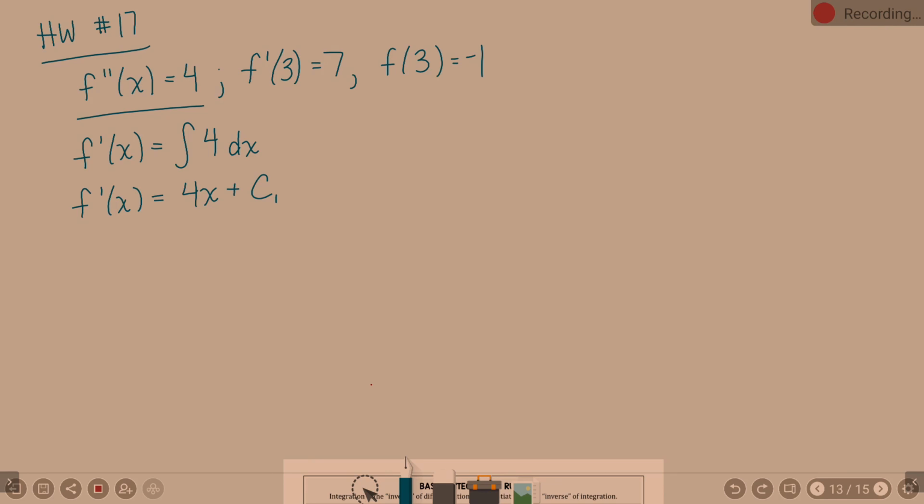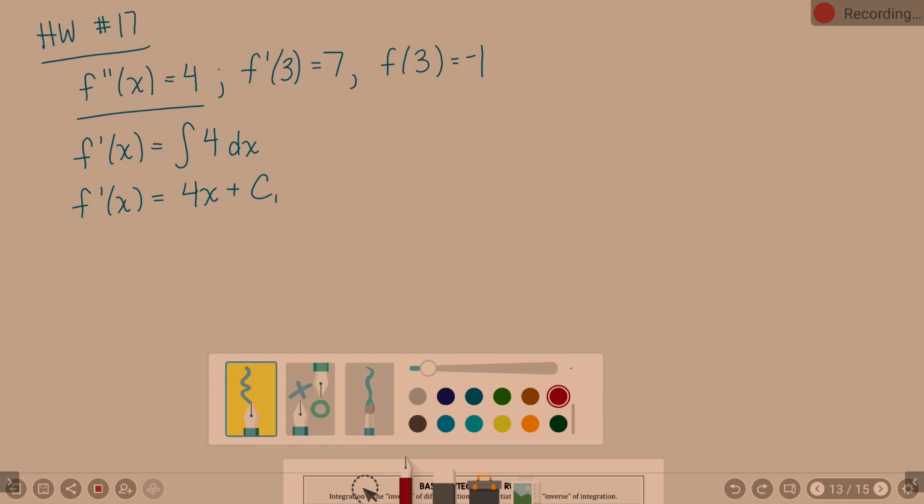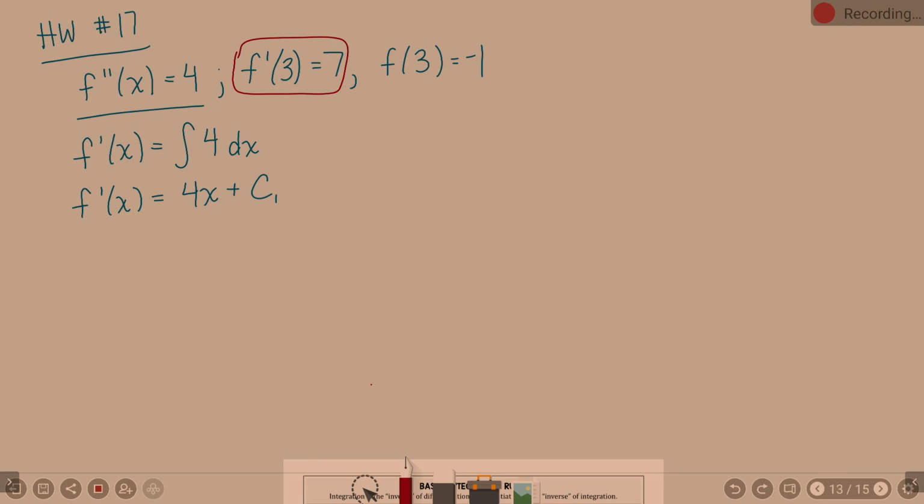How do we find C1? F prime of 3 equals 7, yes? So if F prime of 3 equals 7, you're essentially plugging in the ordered pair 3, 7. So we're going to know that 7 equals 4 times 3 plus C1.